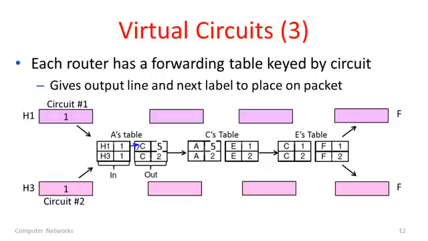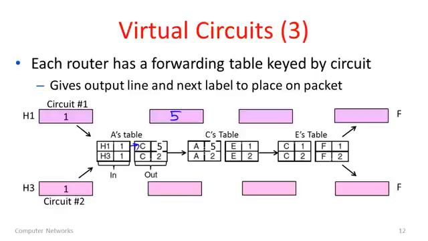So you can see that the circuit that comes from host 1 with identifier 1 is forwarded out the link going towards C, where it is known to C as circuit number 5. What that means is that we're going to change the label or the circuit number inside the packet as it goes through the network. This packet is going on the link from A to C. It's identified by 5.